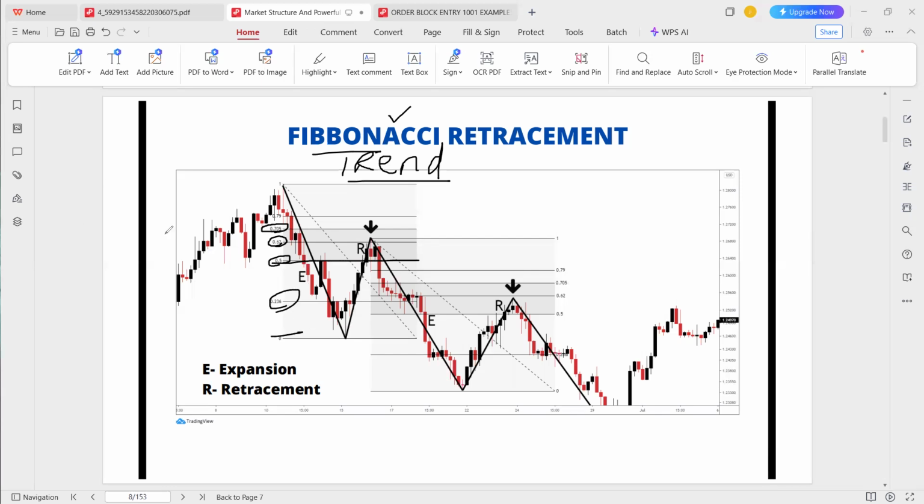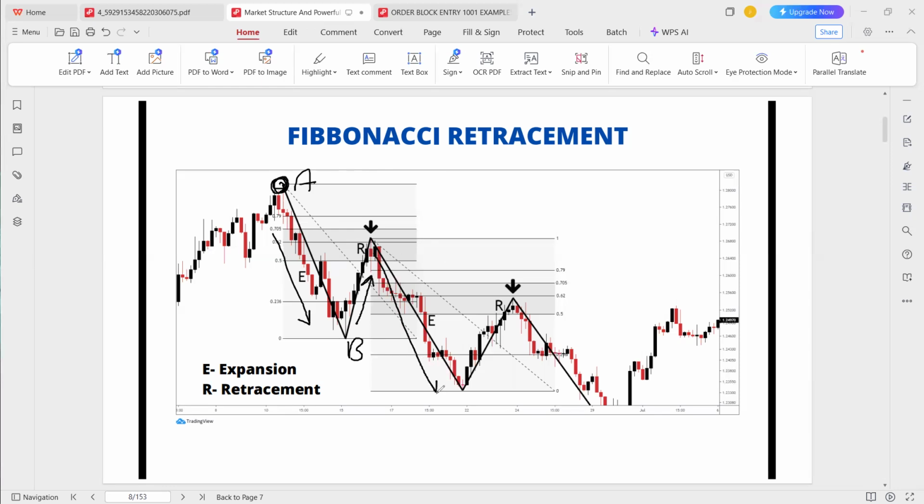So again, how you put your fib on your chart, you line it up from where that expansion is starting, which means you drag your tool from point A to where that expansion is ending, which is point B. And what we're using the fib to do is to measure the retracement. So we know after an expansion move like this, we are going to get a potential retracement. After another expansion move like this, we're going to get a potential retracement.